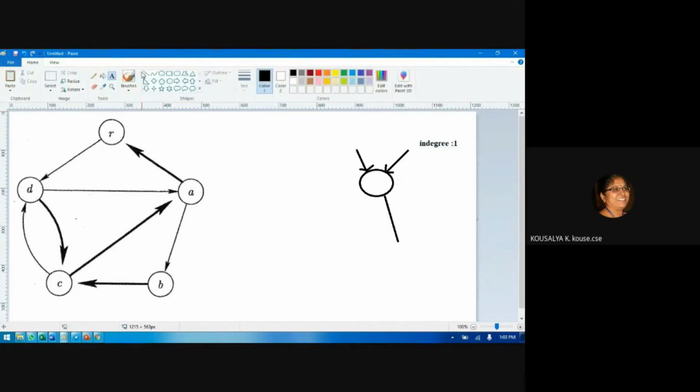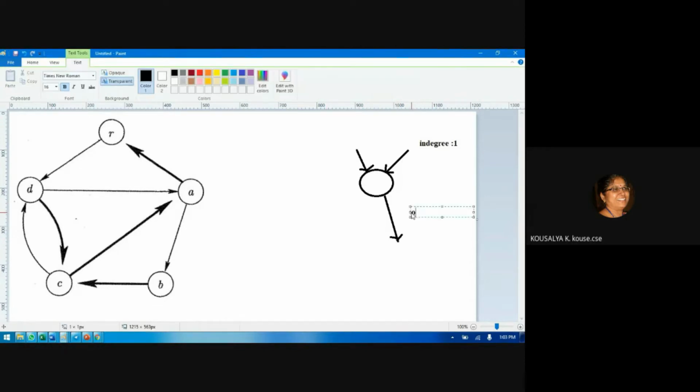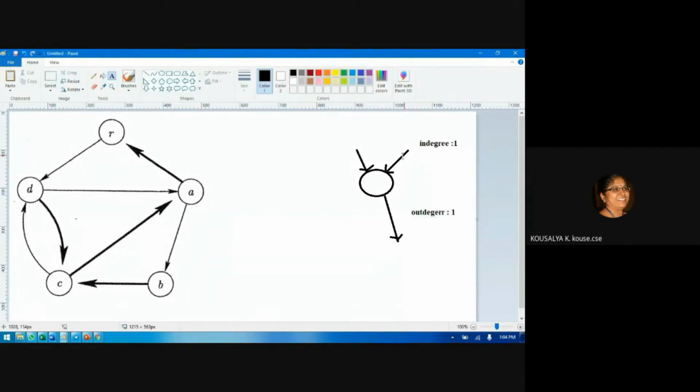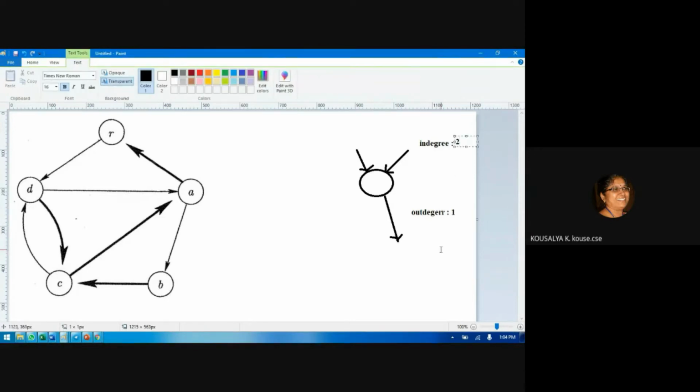Out degree means the edges going out of the vertex. Is it clear? In degree means how many arcs touch the vertex.